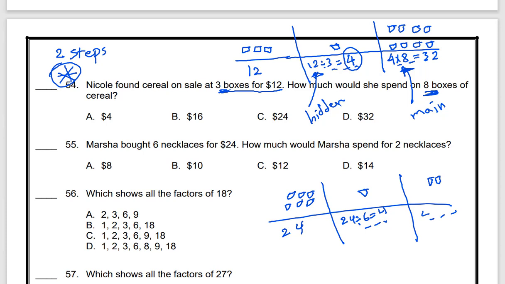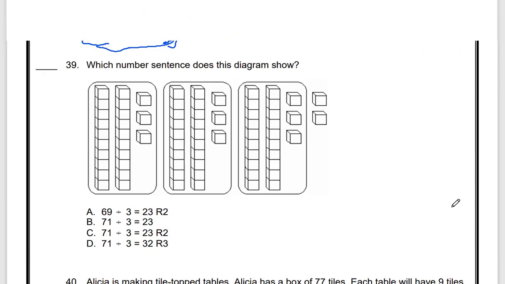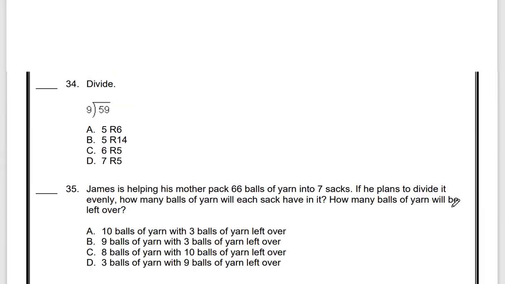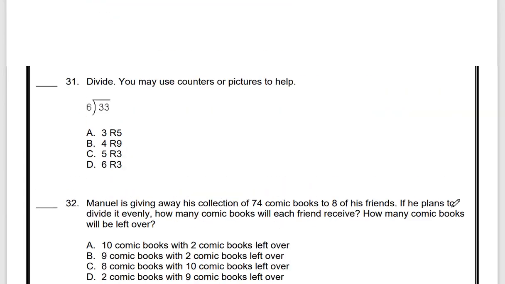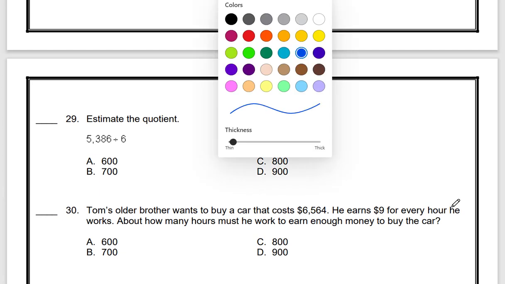Teacher, in question 29, 5,386 divided by 6. I don't know what it is. Okay, my hero, this is estimation. You don't need to do the long division because you need to estimate the answer, okay?